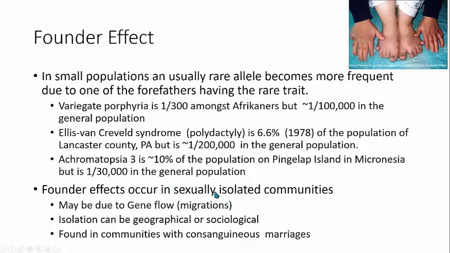When we say isolated, we mean sexually isolated. That means they do not outbreed. It's generally due to a gene flow event as well. And the frequency of consanguineous relationships is generally very high in these populations because they are very small at the beginning. And that helps to further enrich for these rare diseases.